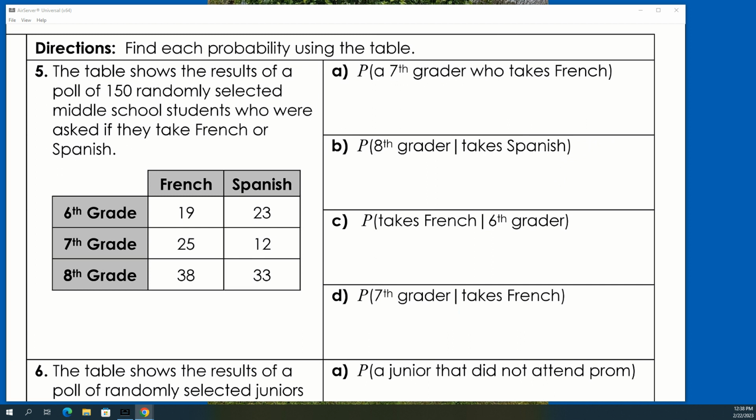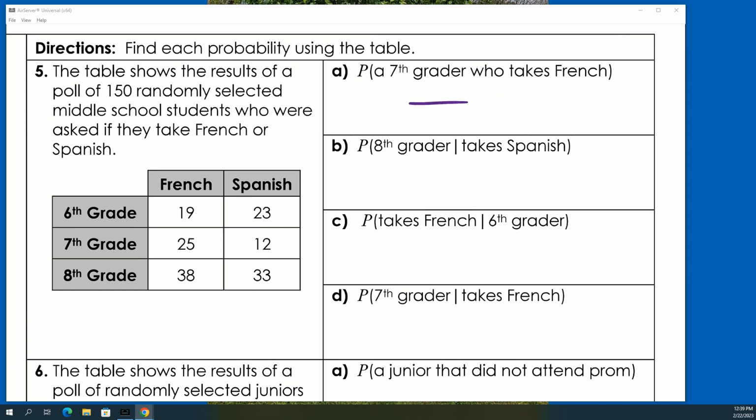And so A says this table shows a poll of 150 randomly selected middle school students who were asked if they take French or if they take Spanish. So this question, we randomly select a person. What's the probability it's a 7th grader who takes French?